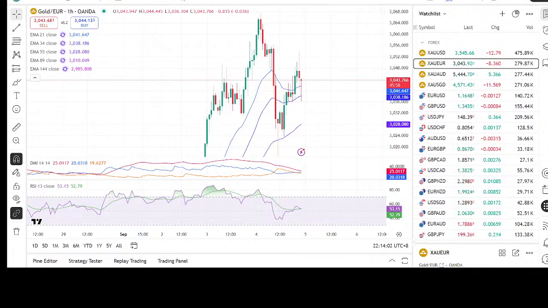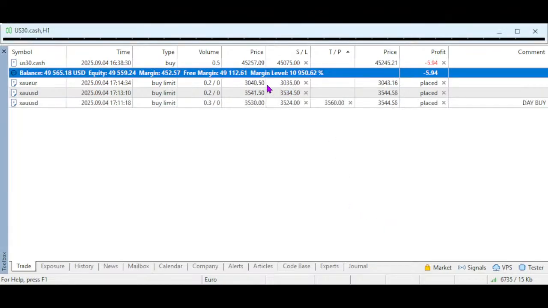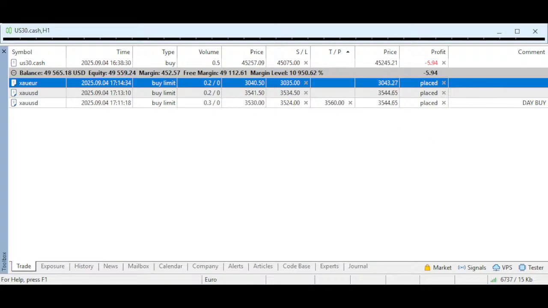So we'll go for another order buy, again this is 0.2, 40 half and 35. Okay, the TP will work later.